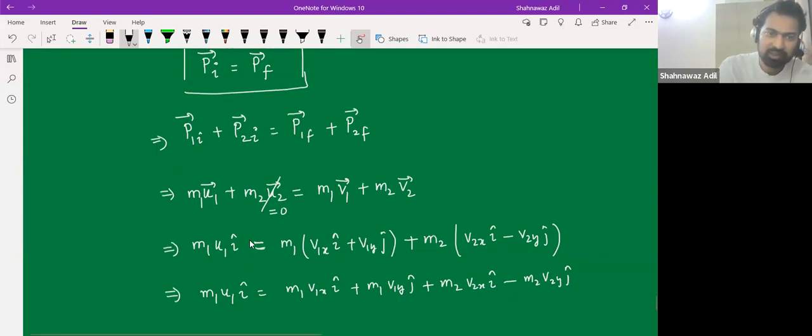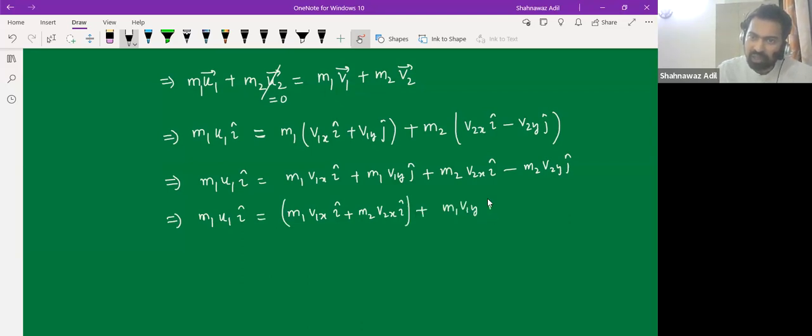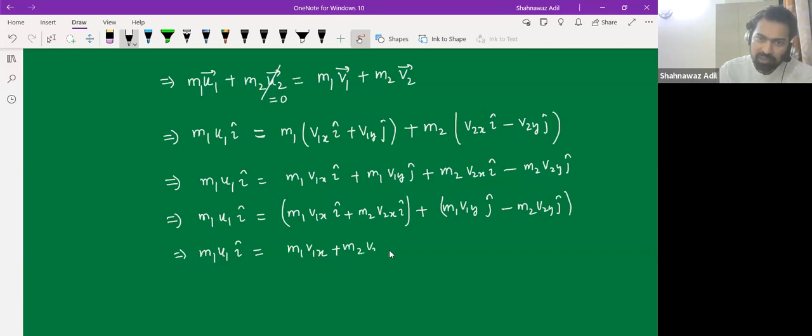So this would be M1 U1 I hat equal to M1 V1X plus M2 V2X I hat, plus M1 V1Y minus M2 V2Y J hat.